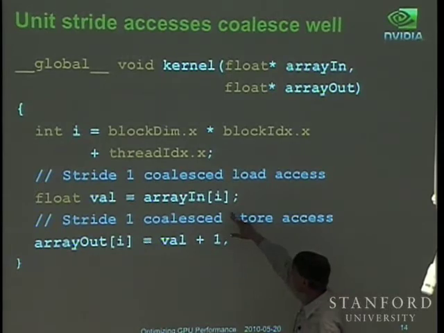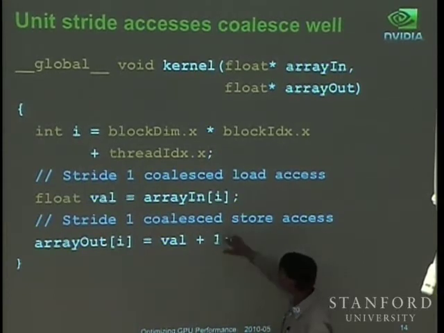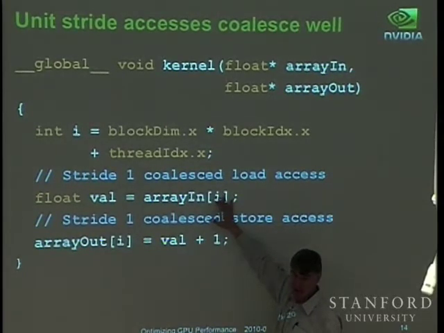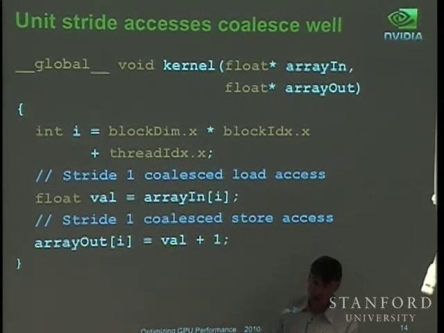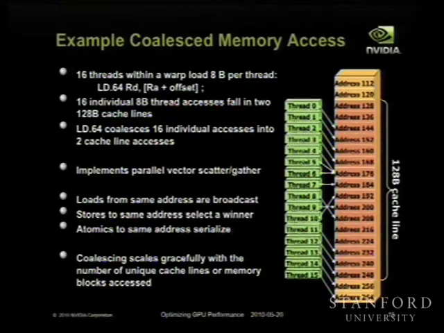So this is perfect unit stride. It happens to be a float, but it also works for bigger and smaller quantities. Every thread, so thread 0 accesses element 0, thread 1 accesses element 1, thread 2 accesses element 2. That's easily coalescible by the hardware, and it will do a good job on that. And that works for both loads and stores.